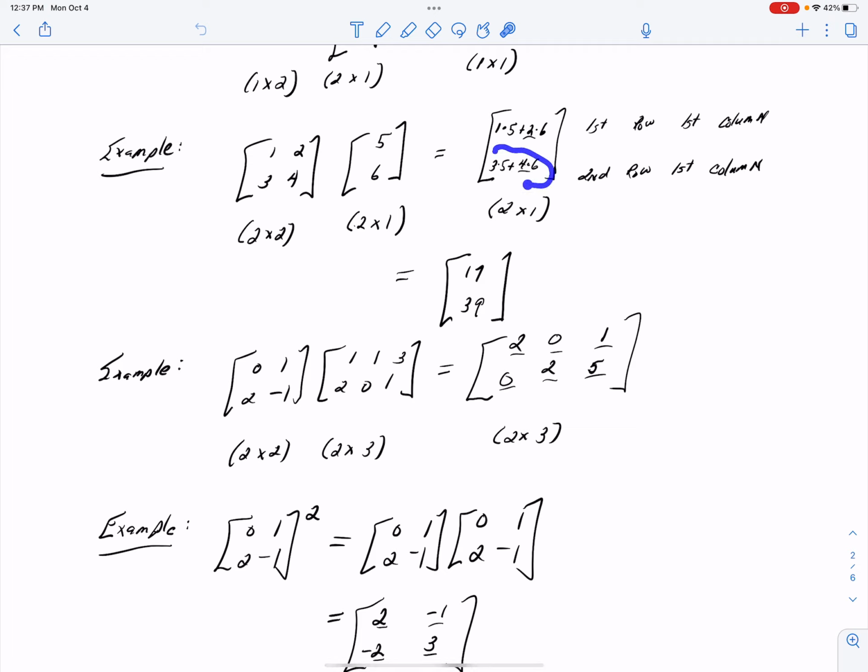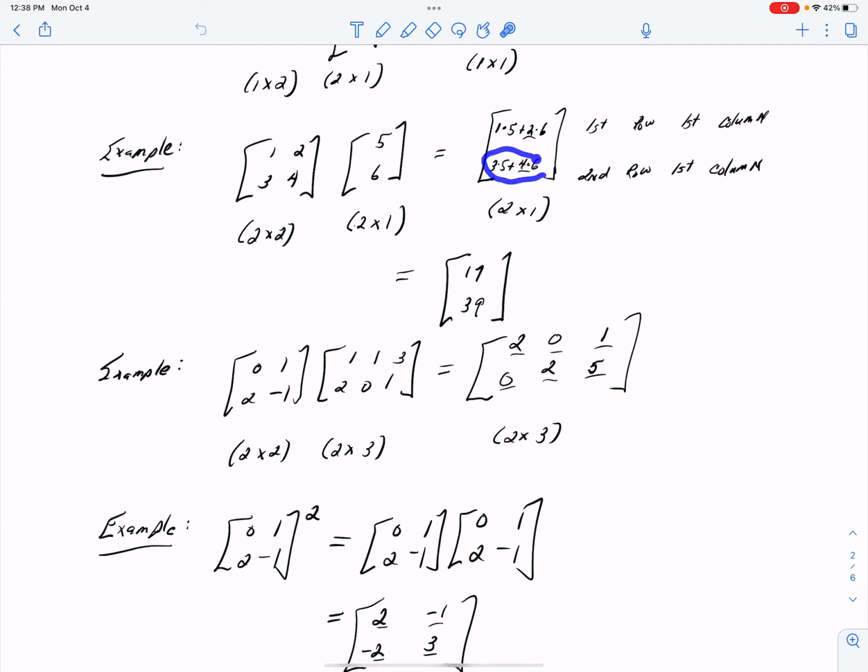This element here is what? Second row, first column. So that's what I do. I take the second row, I multiply it by the first column. How do I multiply a row by a column? I multiply the corresponding terms and add. 3 times 5, add 4 times 6.